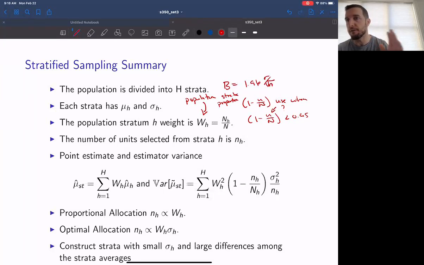We can account for cost, but most often we will assume cost is fixed or the same, and our sample size calculations will really just be essentially a ratio of the population sizes and the variance of the population for each of the strata. Those are the major components of the calculation. And again, those are 2 things that you want to review: how to compute sample size for a stratified sample and how to allocate sample size for the stratified sample. Okay.